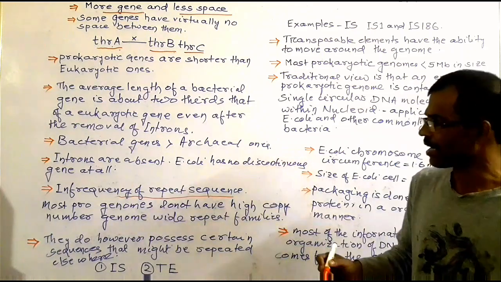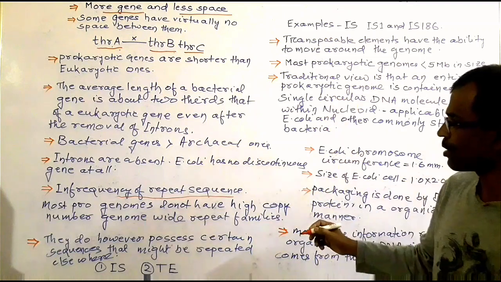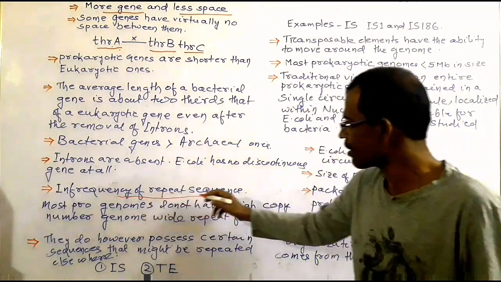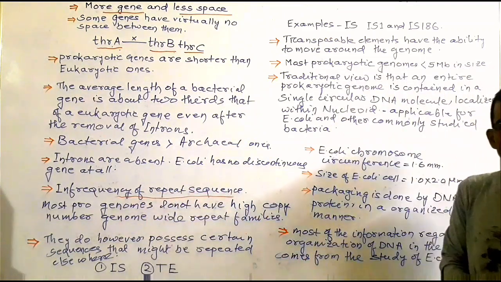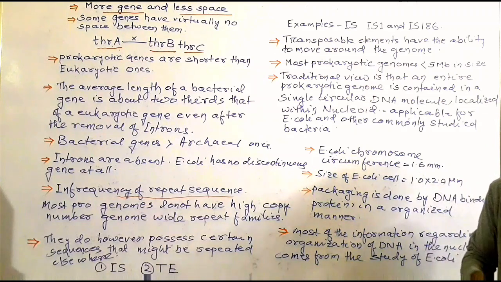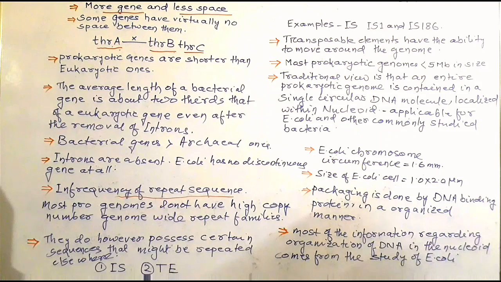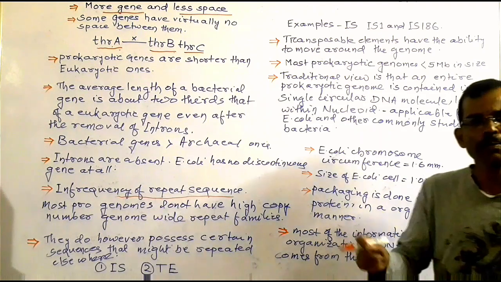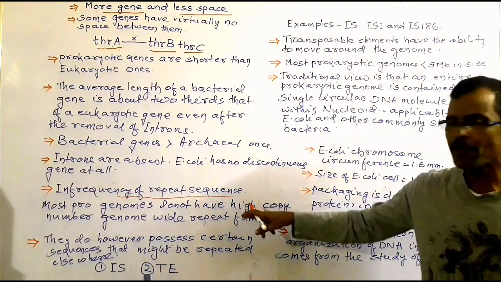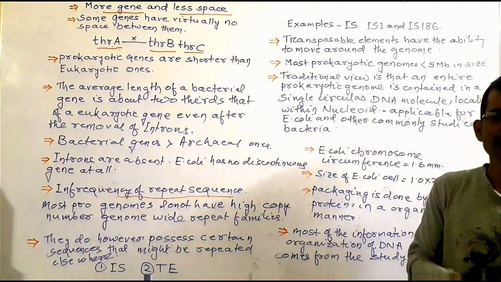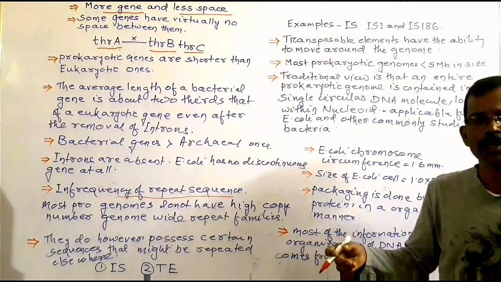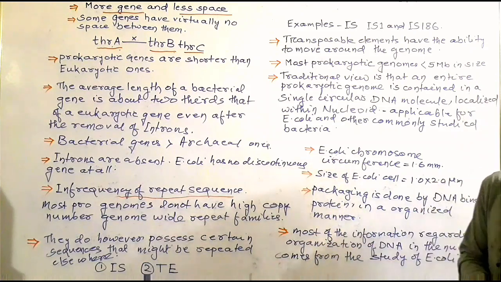Another important characteristic of the prokaryotic genome is the infrequency of repeat sequences. That means repeat sequences are not frequent in the prokaryotic genome. Most prokaryotic genomes do not have high copy number genome-wide repeat families, but such repeat sequences are seen in very large numbers in eukaryotic genomes.